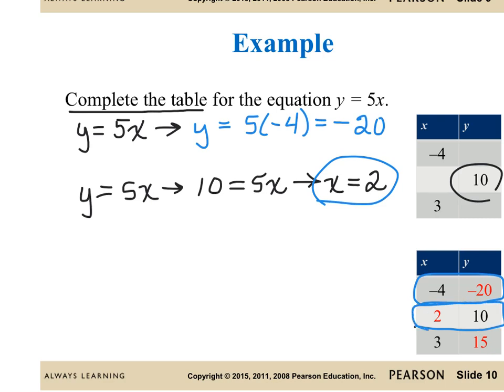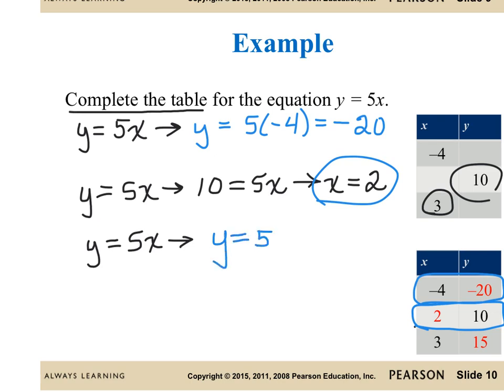So here we have y equals 5x still, and in the table x is given as 3. So y is equal to 5 times 3, which is equal to 15.